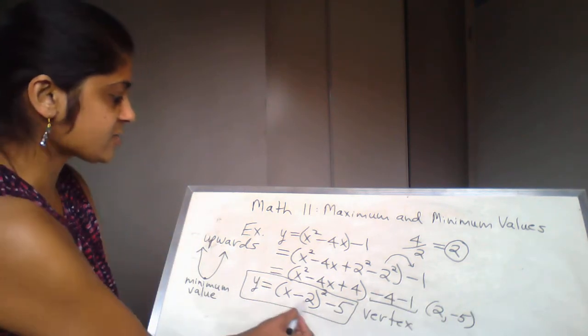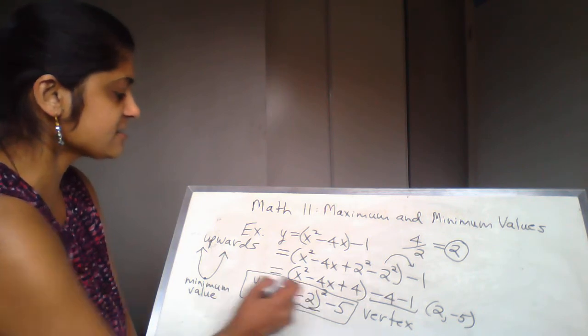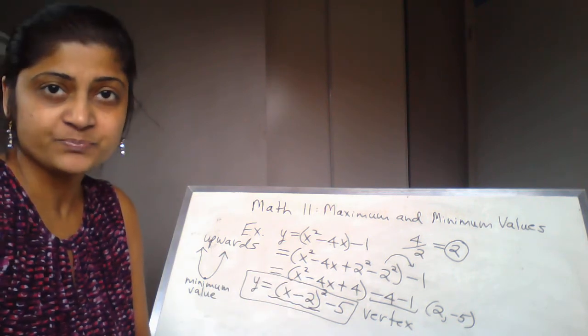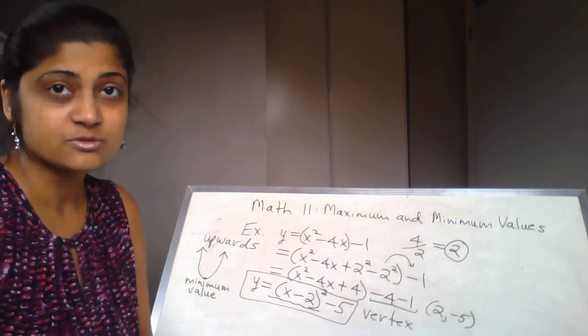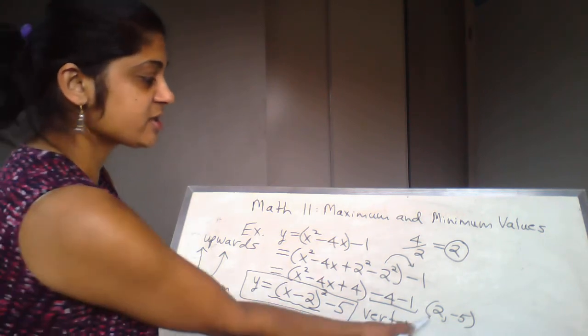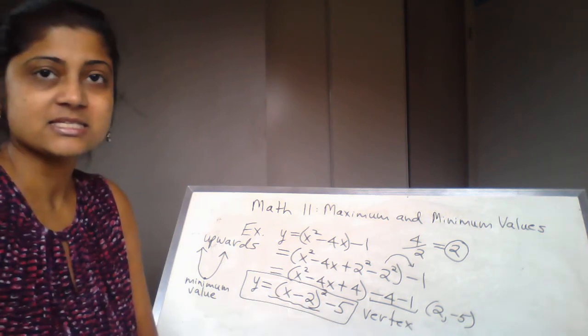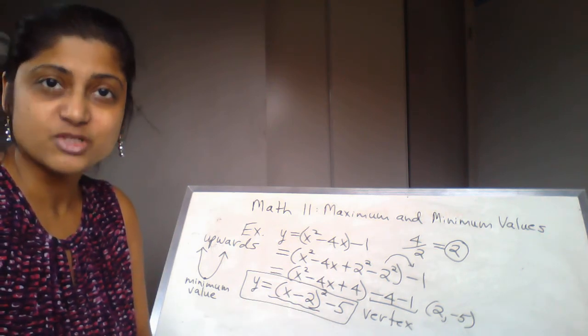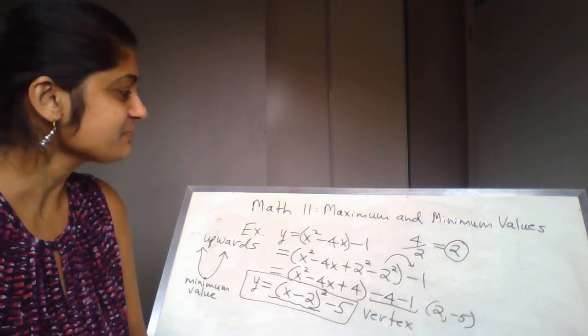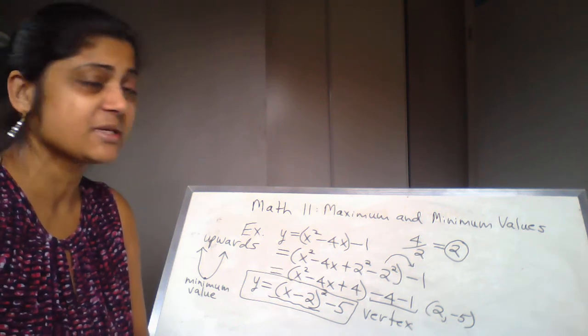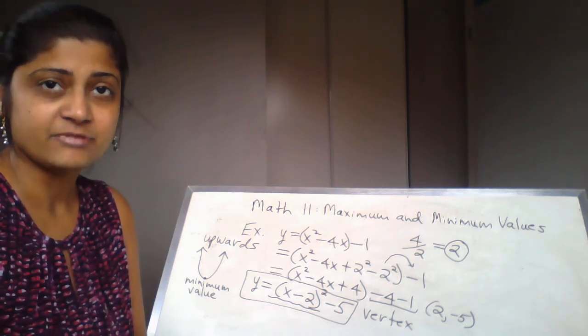This is the vertex right here. Remember, inside the brackets, I have x minus 2. So for the x point of the vertex, you do have to change the sign. And that's why I changed it to positive 2 here, okay? And outside the bracket is negative 5. I don't need to change this sign, okay? So our vertex here is going to be positive 2 and negative 5, okay?